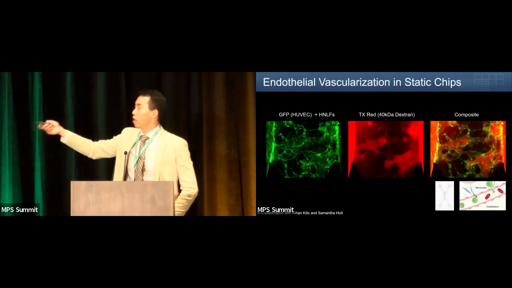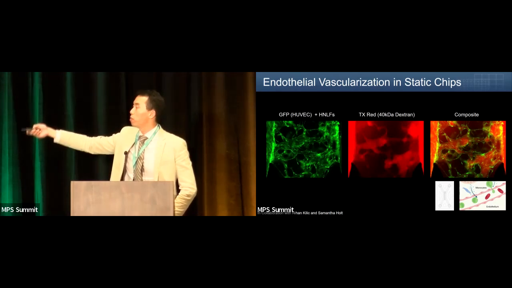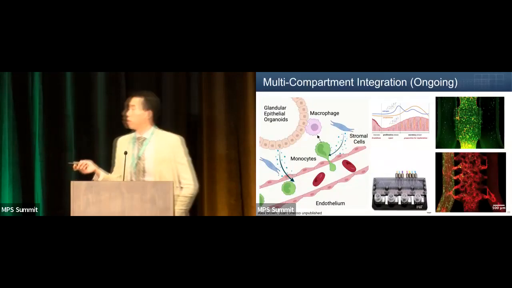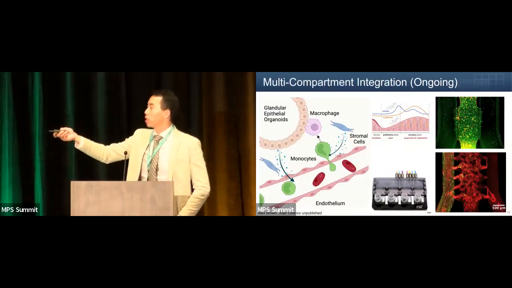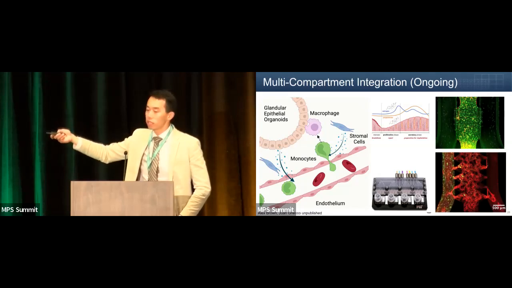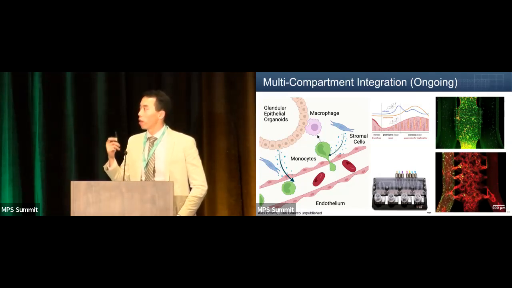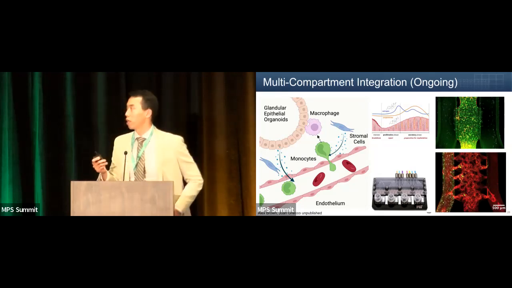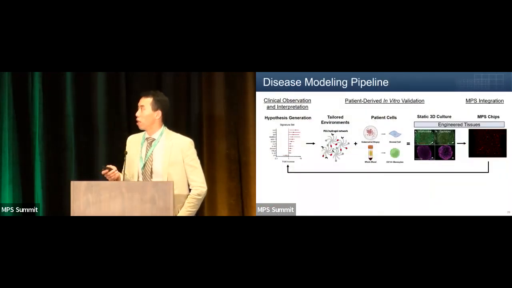In the future, we hope to integrate this stromal monocyte encapsulation with endothelial perfusable networks. The hope is that we can push these systems into multi-compartment integration to understand the mechanisms behind endometriotic disease.